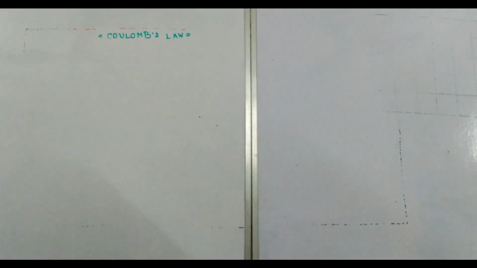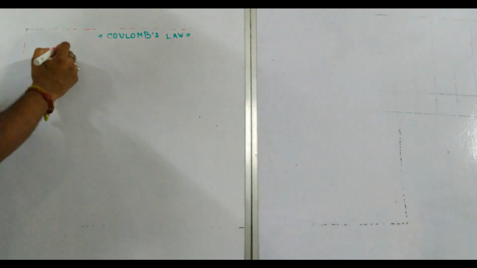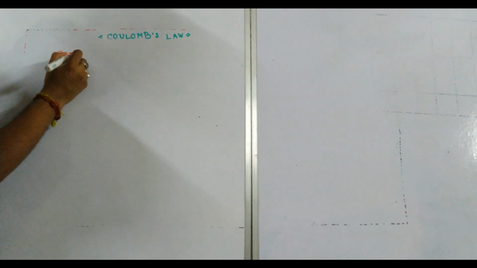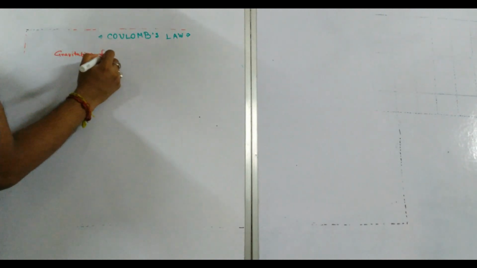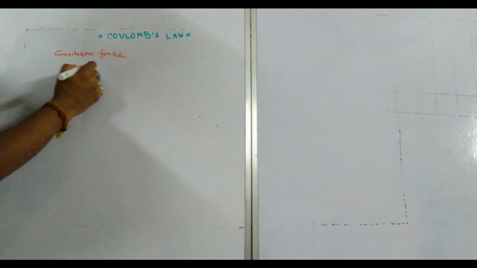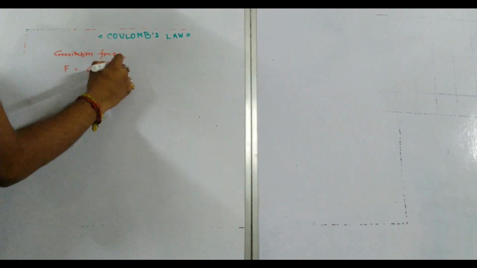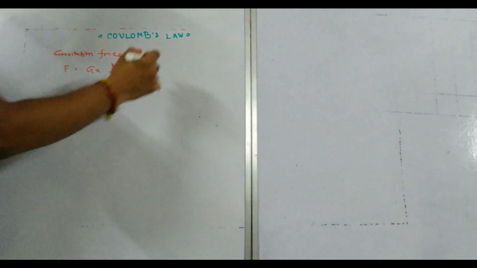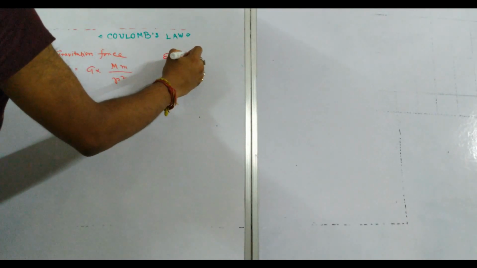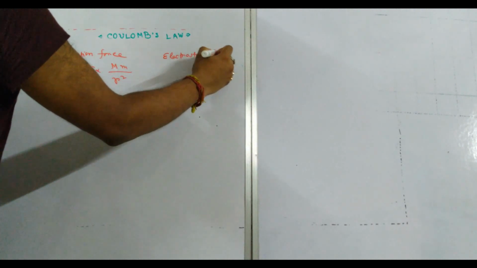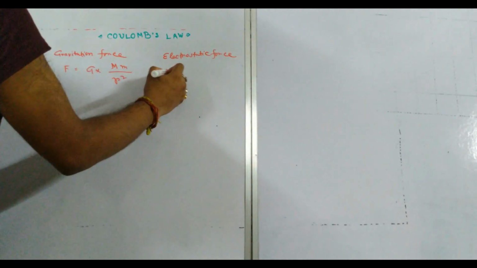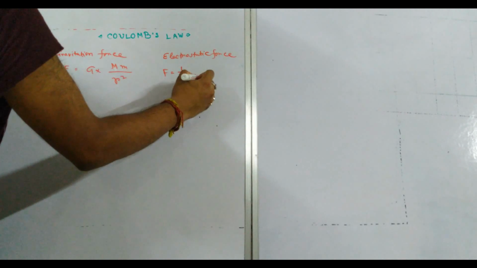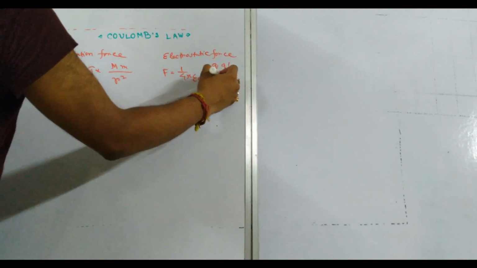The electrostatic and the gravitational force both have the same type of expression. For gravitational force, the expression looks like G into m m dash by R square, and for electrostatic force, that is F equal to 1 by 4 pi epsilon naught Q Q dash by R square.